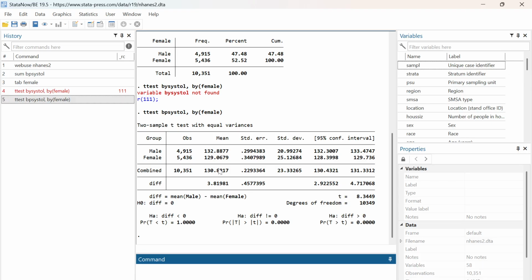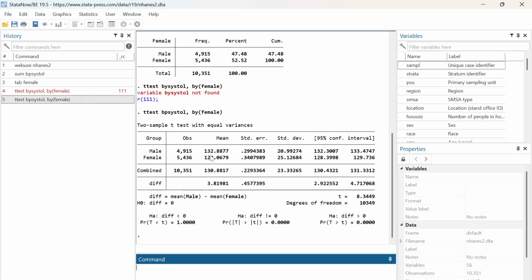We have seen before that the average overall is 130, combined male and female. But for male, the average systolic blood pressure is 132 or 133 almost. And for female, the average systolic blood pressure is 129. So we can see some difference, right?